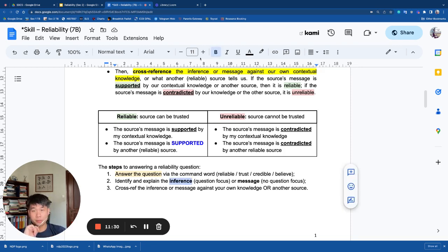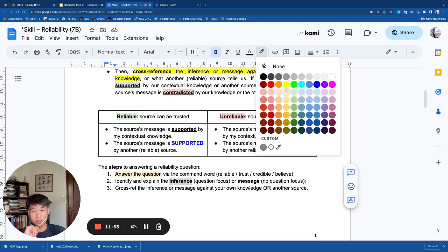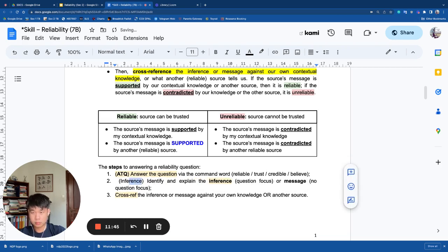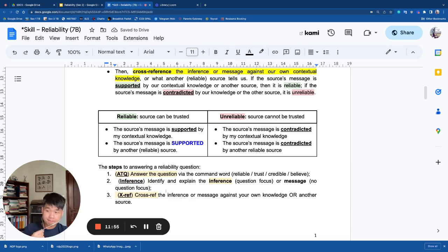After you ATQ, you pull out the inference or the message and then you do the xref. In other words, and you can write this at the side, it's ATQ, inference, and xref. These are the 3 steps to do a reliability question.